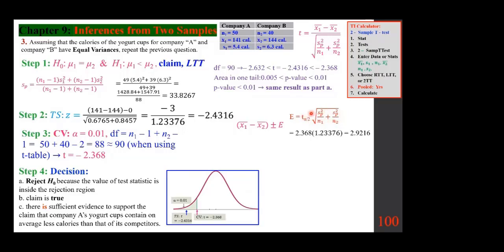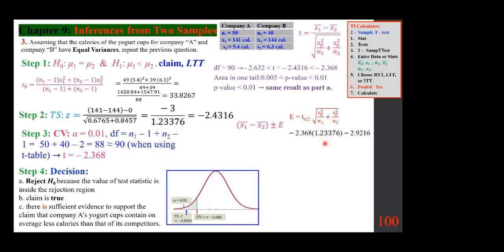So t, we have it as this number, of course, so we don't have to look for it. What about this quantity? It's the same denominator as here, so therefore it's the same as this number. So one more time. When you look at E, it is the product of t, the critical value, you already have it, and this mess, which is the denominator of the test statistic, right here.